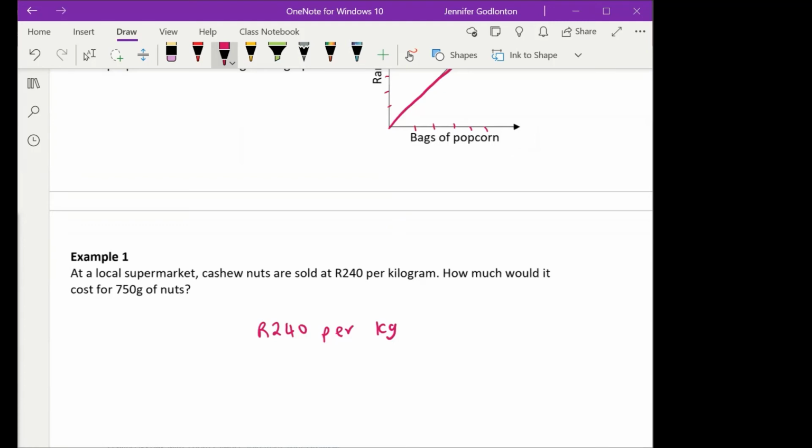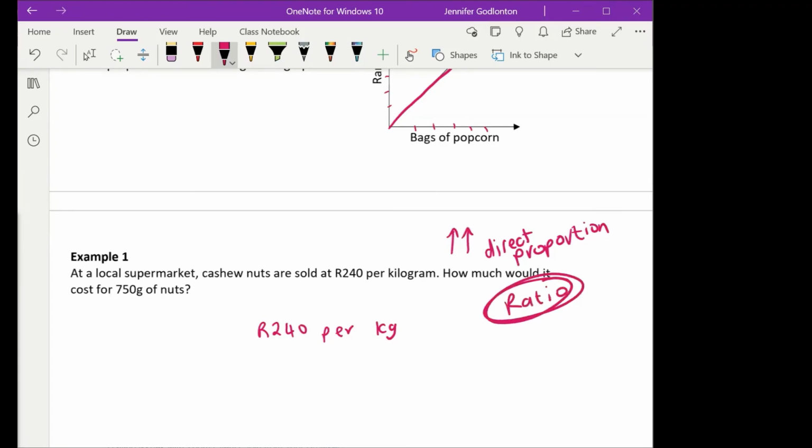As I buy more cashew nuts, is it going to cost more or is it going to cost less? More. Yes, good. The more I buy, the more expensive it's going to be. So if the more I buy, the more expensive it's going to be, we're looking at direct proportion. Just a fancy word for ratio.